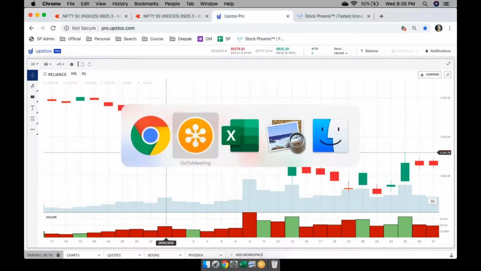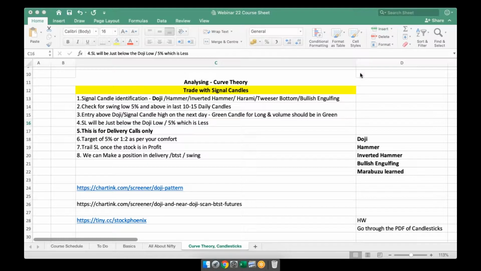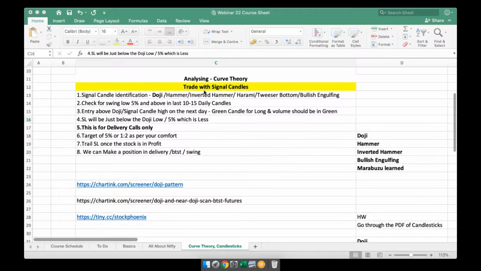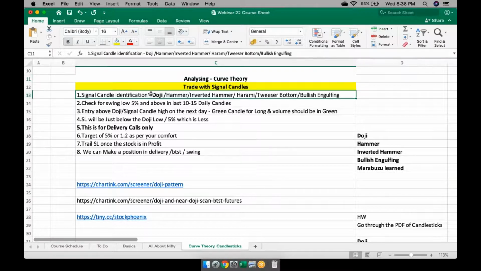Okay, so coming back, let me read these points again and explain them with different examples. Analyzing the curve theory, the first point of identification: we should understand whether it's at the top of the curve or the bottom of the curve, and we should select the stock. Next, identify the signal candles, that is, signal candle identification, doji.